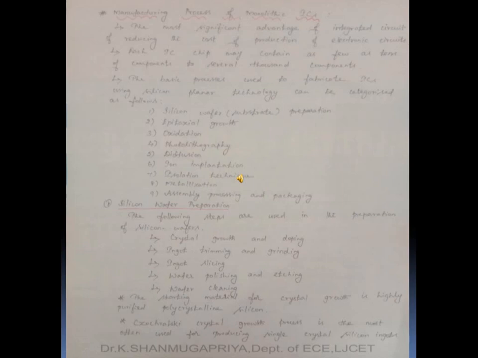The starting material or the primary material for crystal growth is highly purified polycrystalline silicon. The most frequently used crystal growth process is the Czochralski crystal growth process. It is mainly used for producing single crystal silicon ingots.